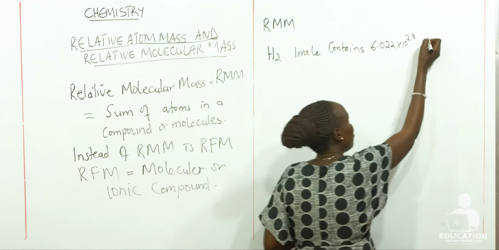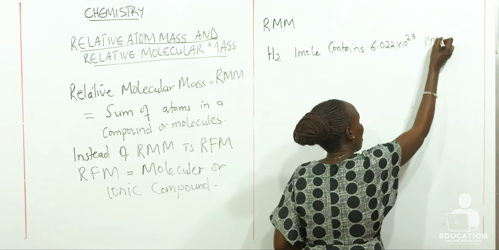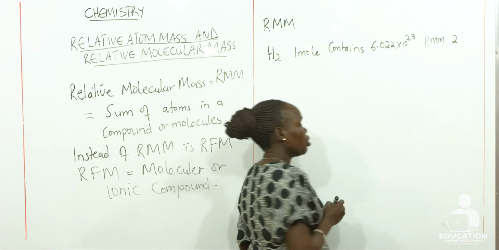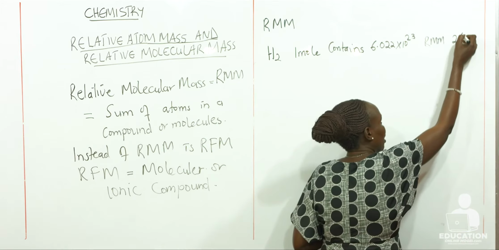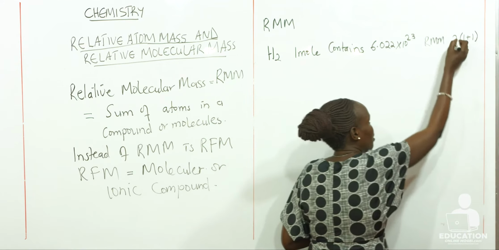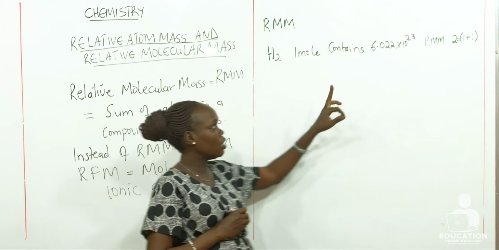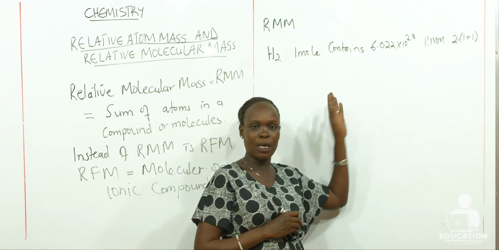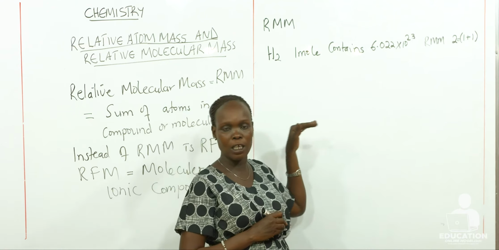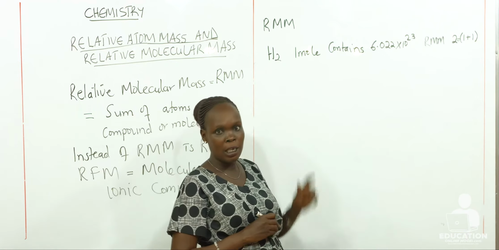So the relative formula mass, or relative molecular mass, will be equal to 2. So one relative atomic mass of hydrogen plus another relative atomic mass of hydrogen will give us the relative formula mass or relative molecular mass for hydrogen gas.